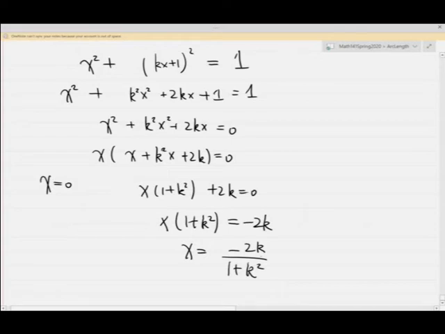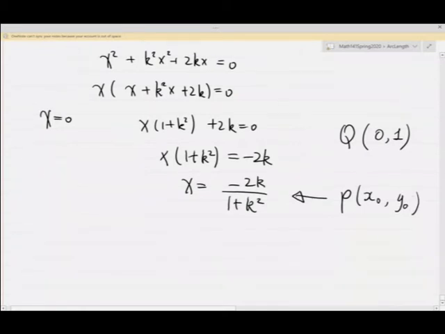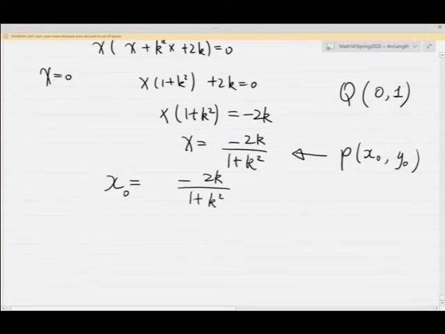So this point is Q, and this point is P. Q is our fixed point 0, 1. P is x0, y0. So you see x0 can be written in this form. Then you solve y0. y0 is on the line, so y0 is kx0 plus 1. You plug in x0.